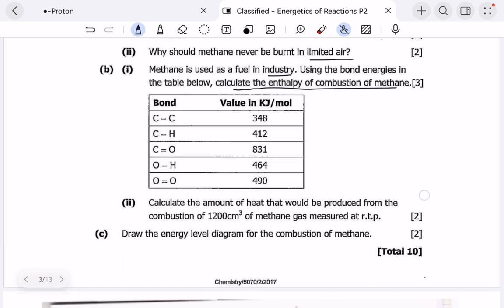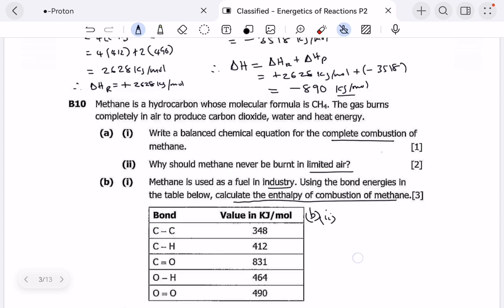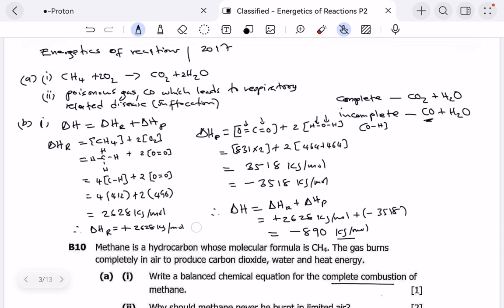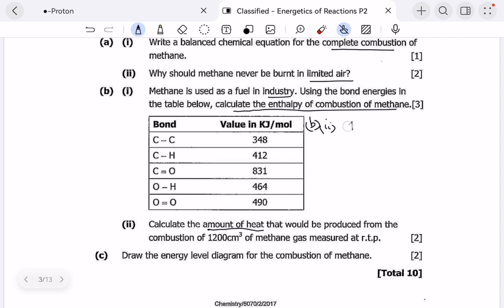Then B2 requires us to calculate the amount of heat that would be produced. In this reaction, 1 mole of CH4 produced negative 890 kilojoules.